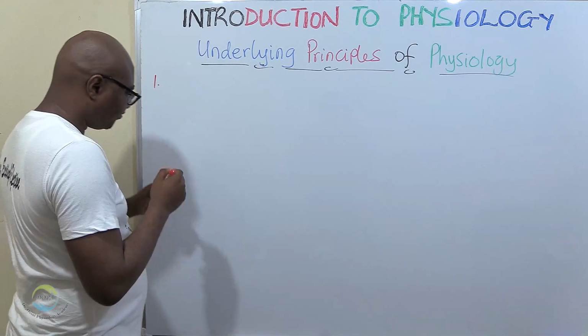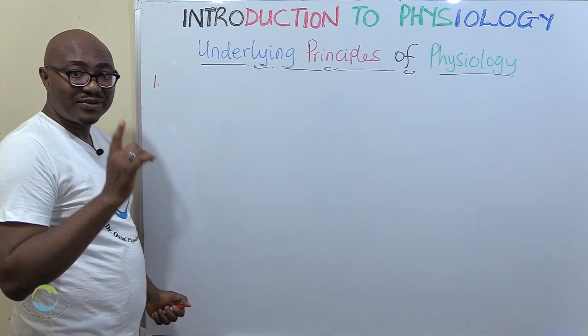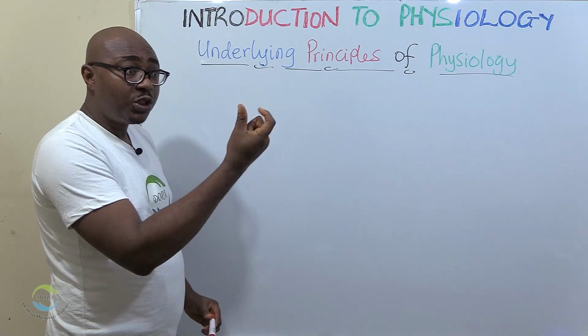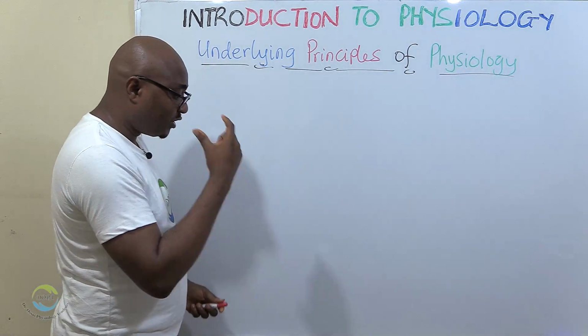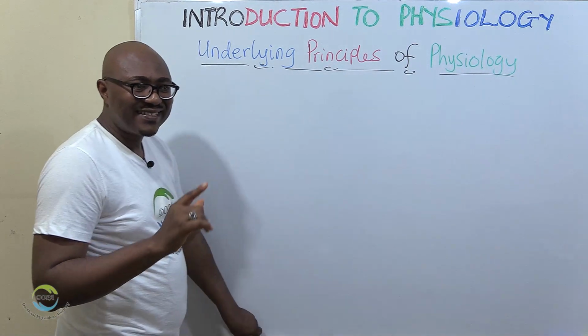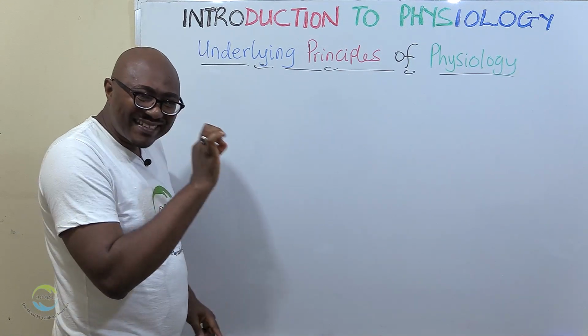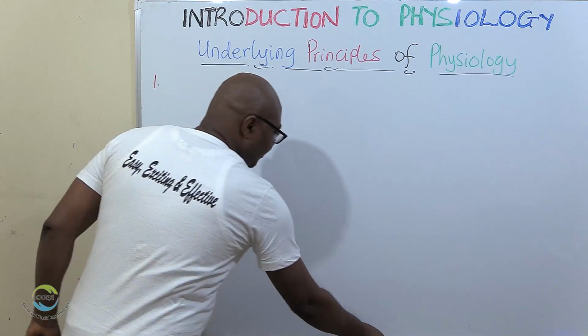Number 1 underlying principle is that the body functions through multiple control systems that work in opposition to each other, but they are necessary for health and survival.